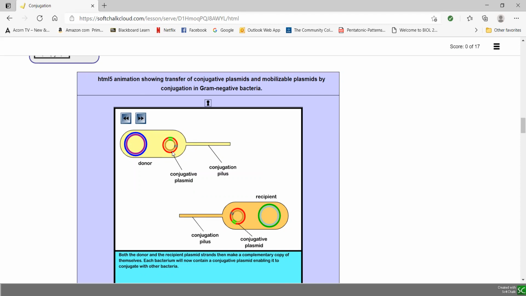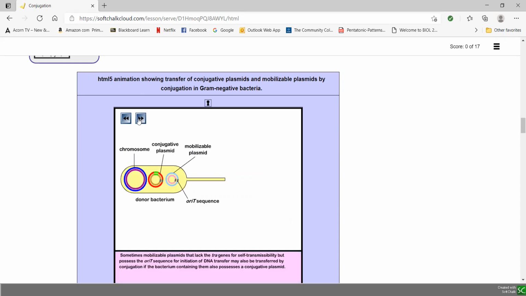Now, another thing that can happen, as long as the donor bacterium has a conjugative plasmid, it could also have a conjugative transposon, which is a jumping gene that codes for mating pair formation, not shown here. But what can happen is that bacteria may carry several plasmids, and some of these other plasmids can also be transferred during conjugation.